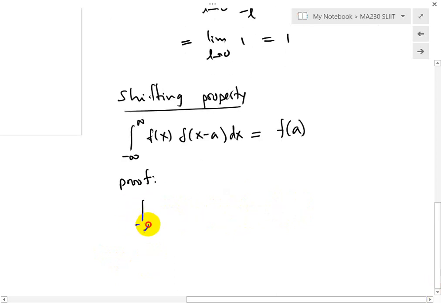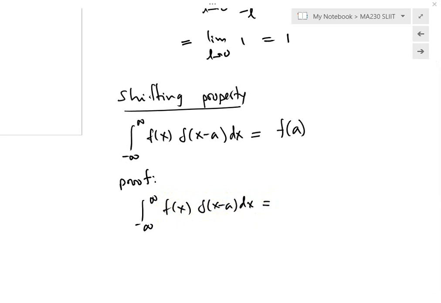So you start with the integral from minus infinity to infinity of f of x delta of x minus a dx. Now note that the delta function is 0 when x is not equal to a. So everywhere except that point this function is 0.